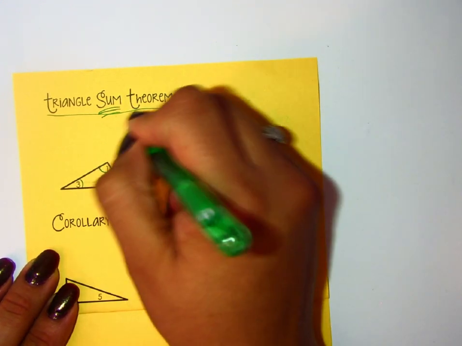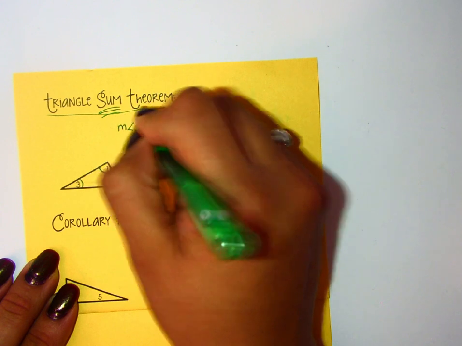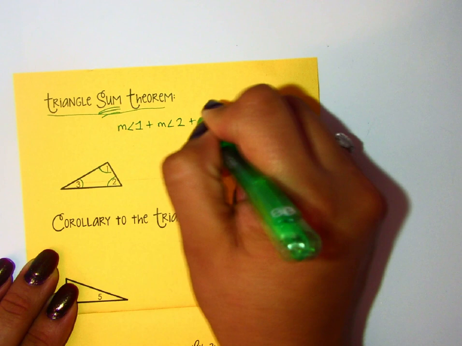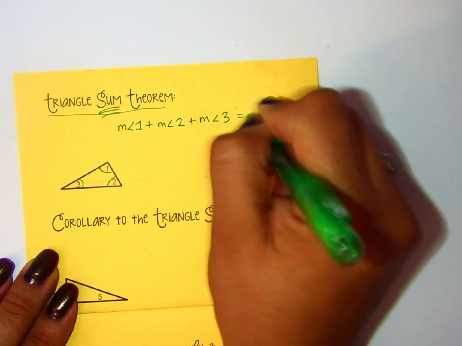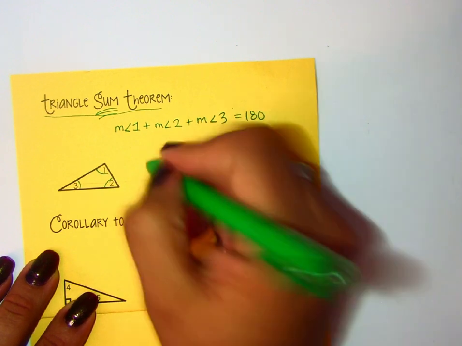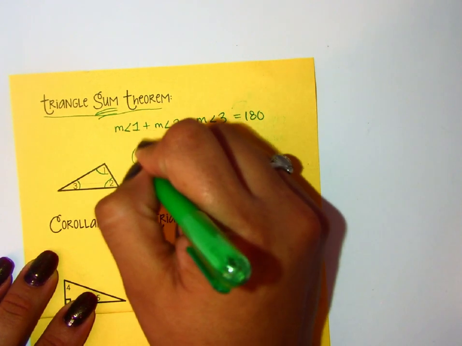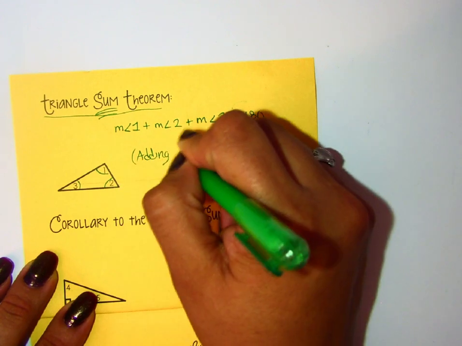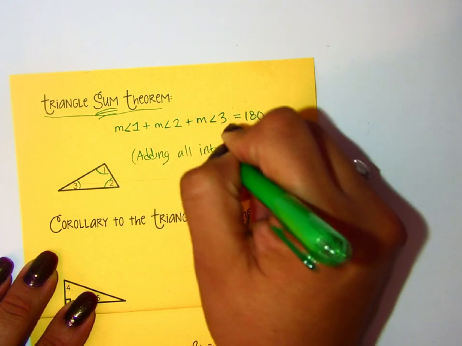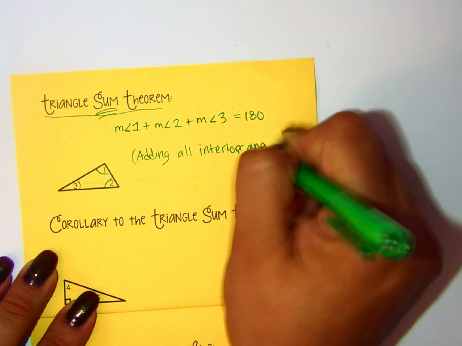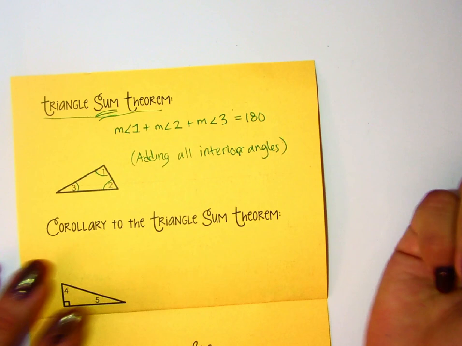So we can picture mathematically: measure of angle 1 plus measure of angle 2 plus measure of angle 3 equals 180 degrees. So it's adding all interior angles will equal 180.